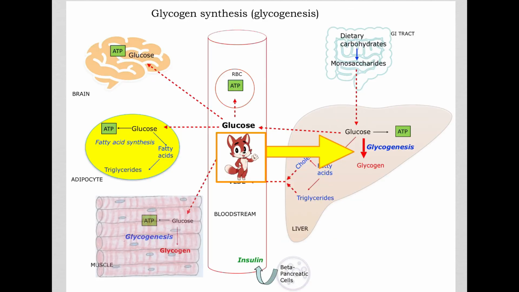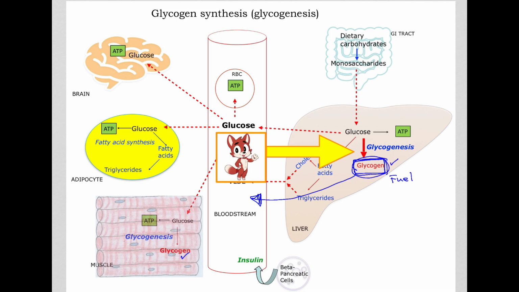Okay, so let us summarize the synthesis of this very important fuel, especially liver glycogen, although the muscle has its glycogen too. Liver glycogen, as we have seen in previous videos, is what maintains your blood glucose during the fasting period, during times when you are asleep or between meals.